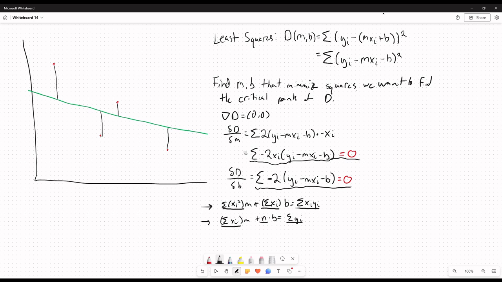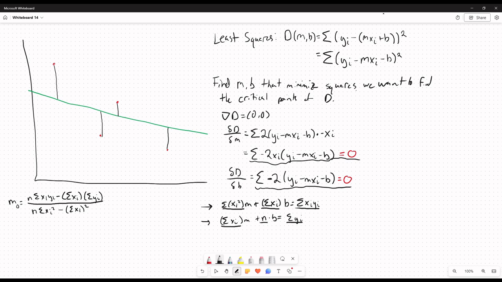And when you solve that system of linear equations, you get a beautiful, simple result where you want your m value to be n times the sum of the xi yi's minus the sum of the xi's times the sum of the yi's, all of that over n times the sum of the xi squared minus the sum of the xi's, all of that squared.